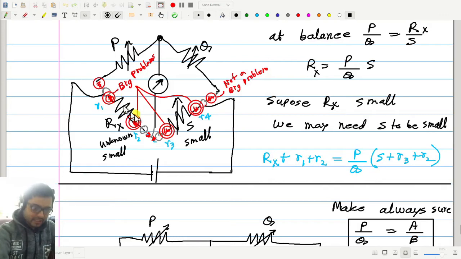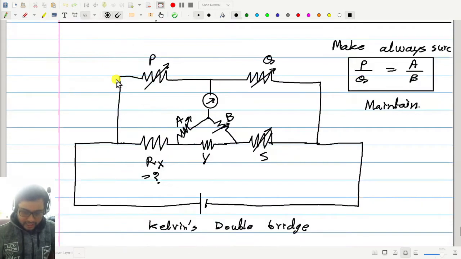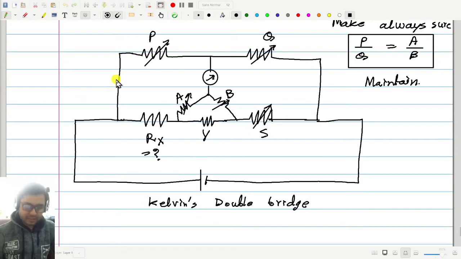Today we shall solve this problem, but for that we will need the mathematics that we developed yesterday for this apparently peculiar bridge, which has not just four resistances but also some extra arms in the form of a delta here.